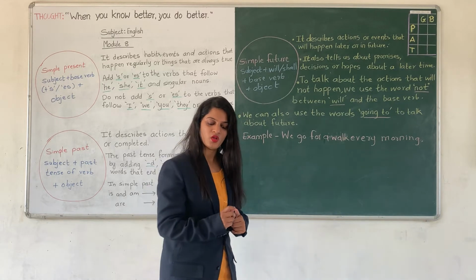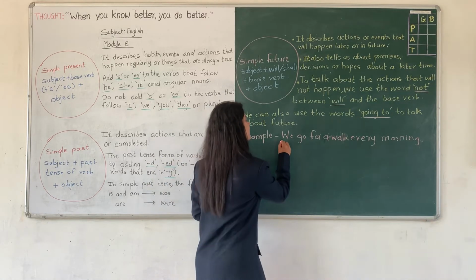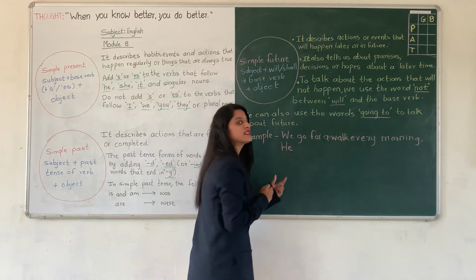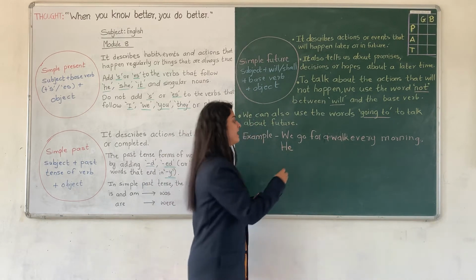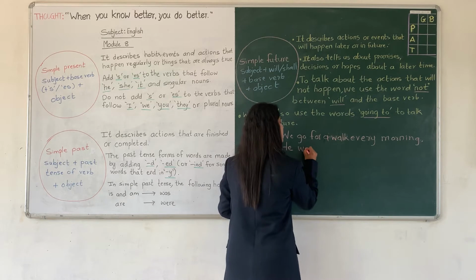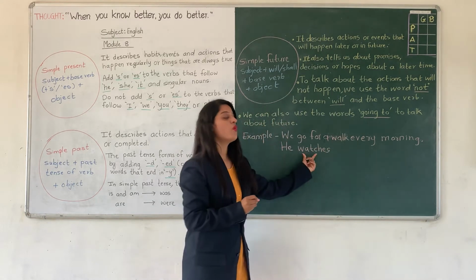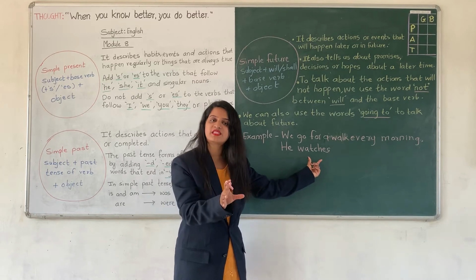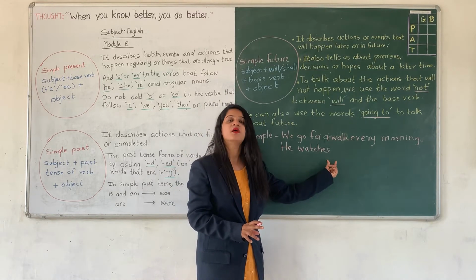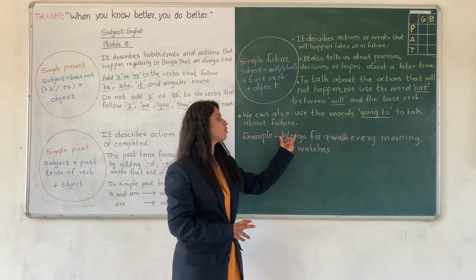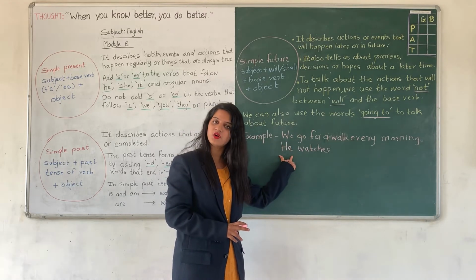Okay? He. Now we have written he. He is the subject. Now we can write watches. Now here, watch is the base verb and I have added es because the base verb is followed by he. Understood?